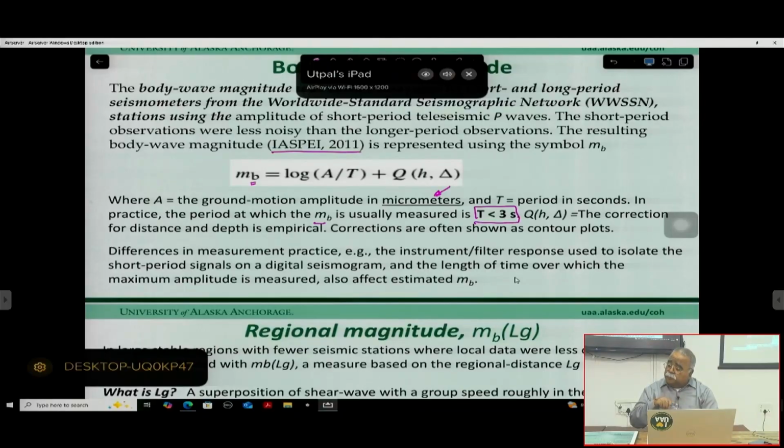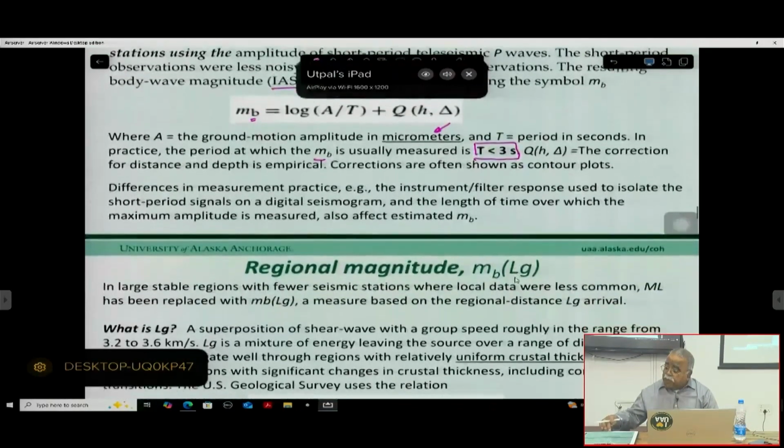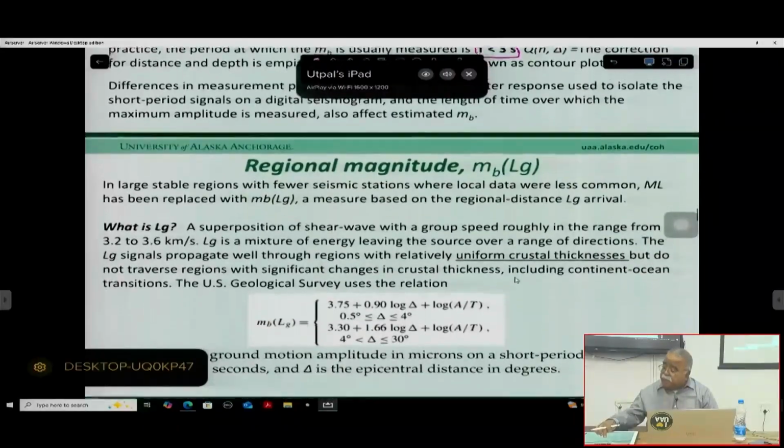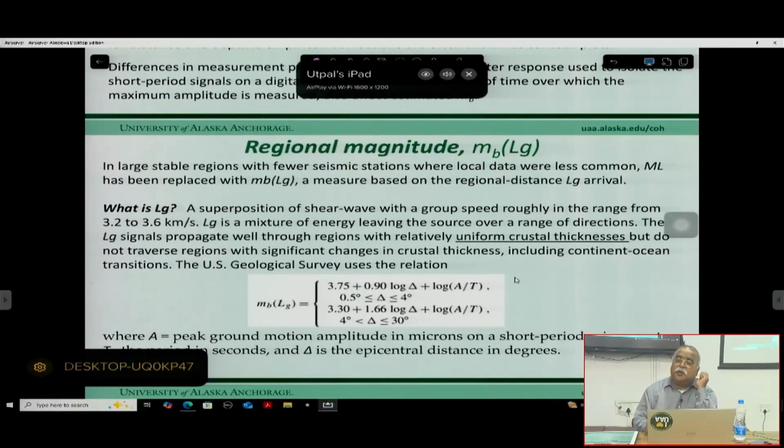Okay, next, there is another way of measuring the body wave magnitude, which is from the Lg wave.